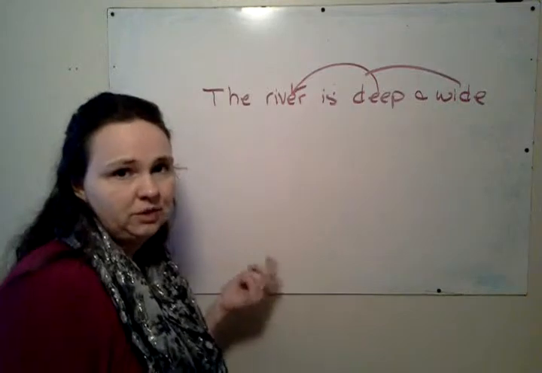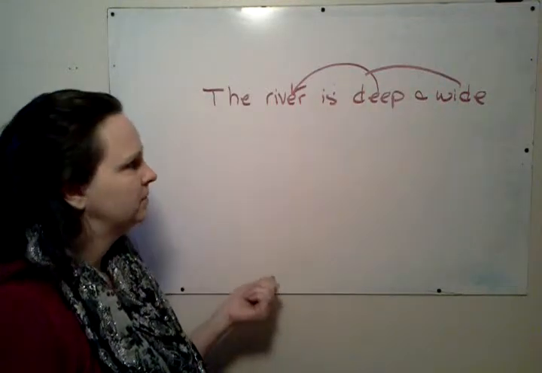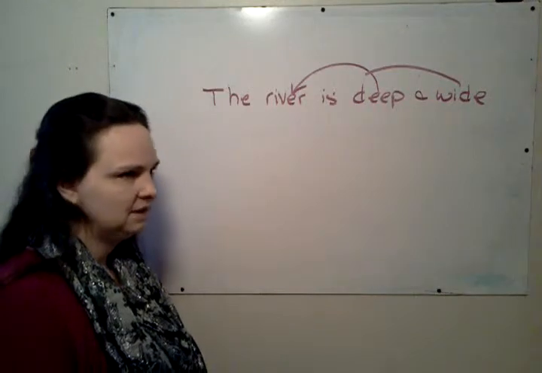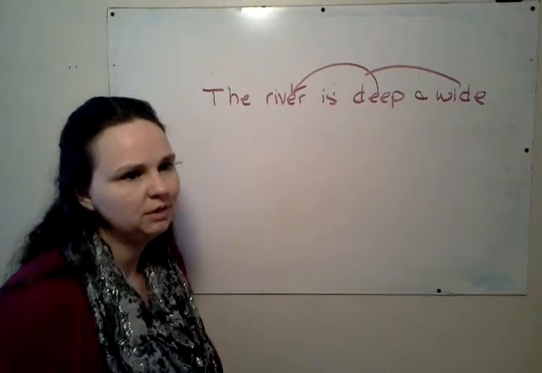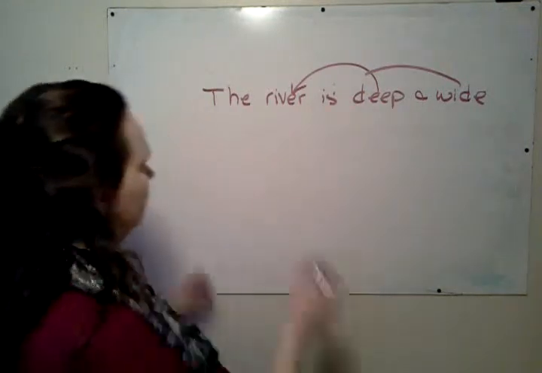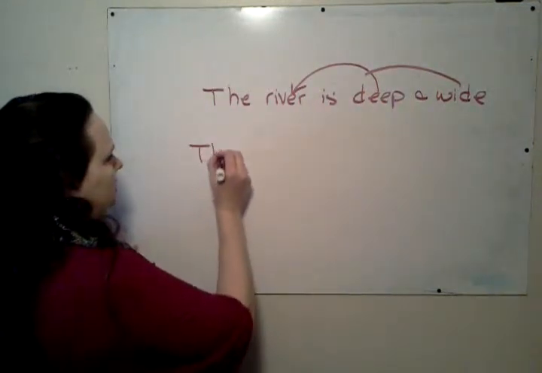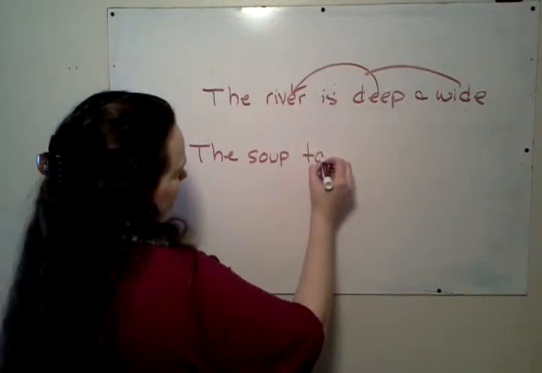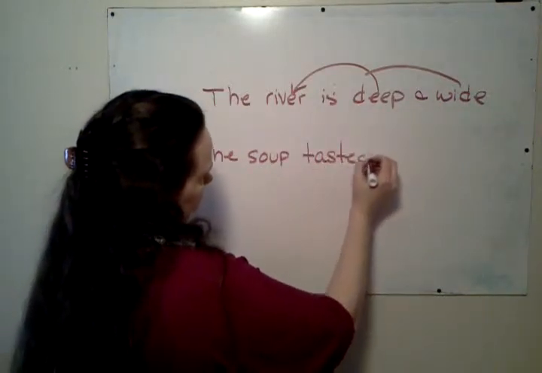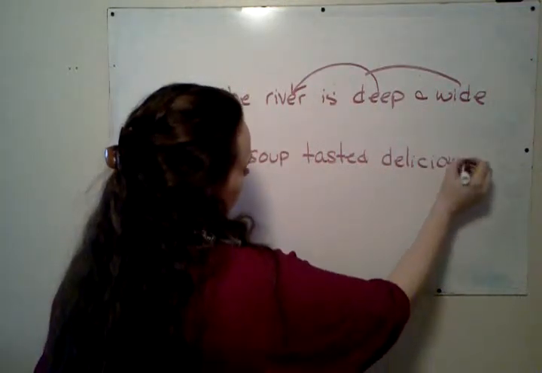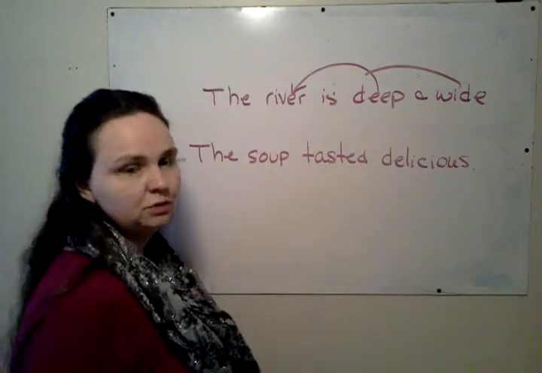We know that all the forms of be are linking verbs, but what about those other linking verbs that aren't forms of be? The ones like taste, feel, smell, seem, become, look, grow, remain, stay. What about those tricky ones? Maybe the soup tasted delicious. What we have here is some delicious soup.